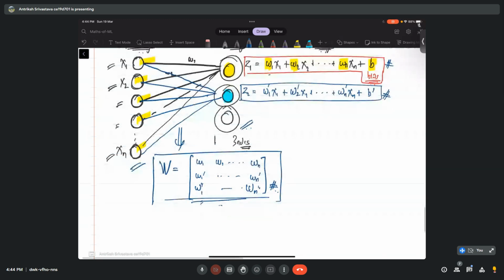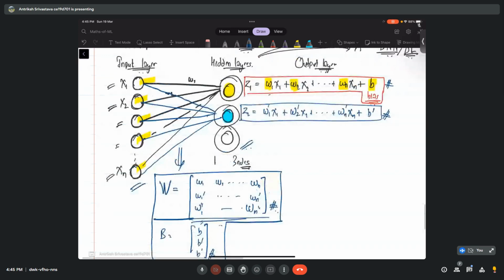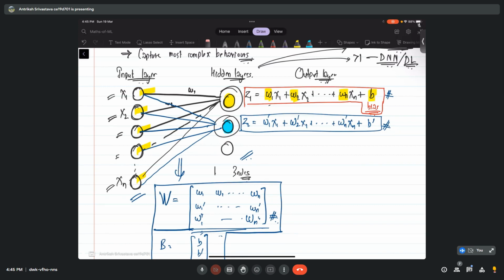We also have the bias matrix, capital B: B, B dash, B double dash. These two matrices describe the dependency of the hidden layer neurons on the input layer.